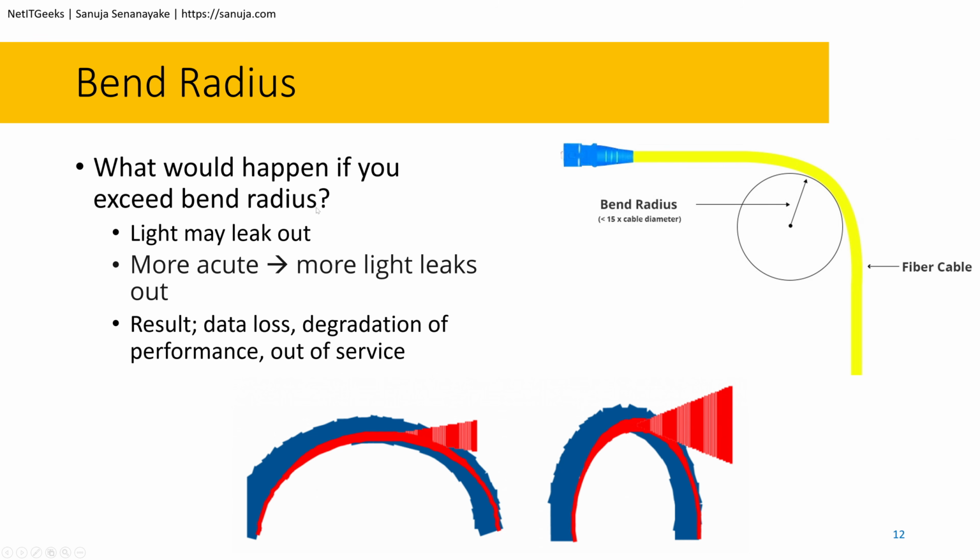So if you exceed the manufacturer's recommended bend radius, you accidentally bend it too far, and then even after you straighten it out, it may result in light leakage. That means you are losing photons. That means you may be losing packets, or a packet may not get switched at all.